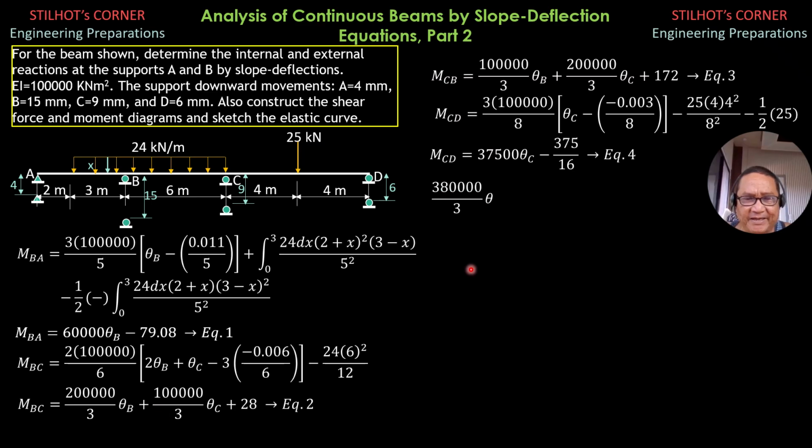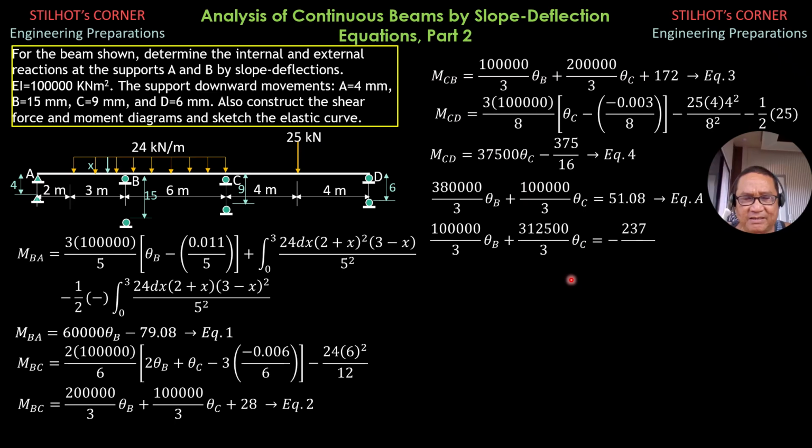And simplifying, we have 380,000 over 3 theta B plus 100,000 over 3 theta C equals 51.08, equation A. Then equation 3 plus equation 4 equals 0. 100,000 over 3 theta B plus 312,500 over 3 theta C equals negative 2377 over 16. Call that equation B.